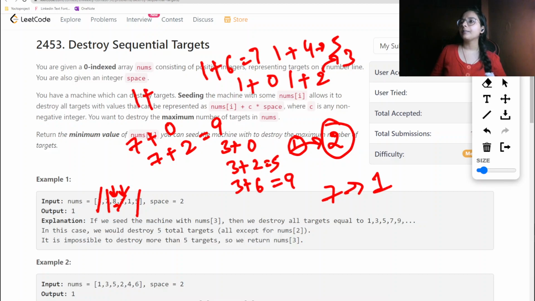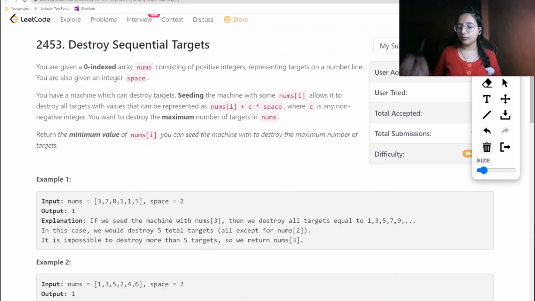Then 1 plus 4 into 2, that is 8, equals 9. So here we don't have 9. So in actuality, we were able to destroy 5 elements. This was till now the biggest number of elements which we were able to destroy. So this is what we are required to do in this question. This was the explanation of the question.